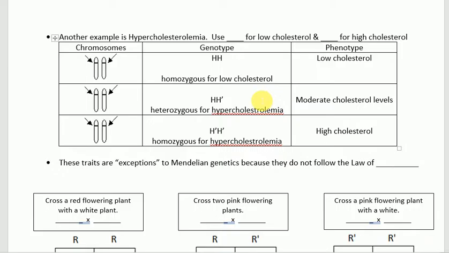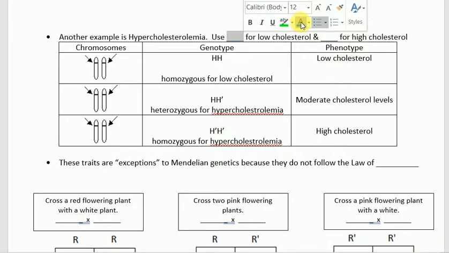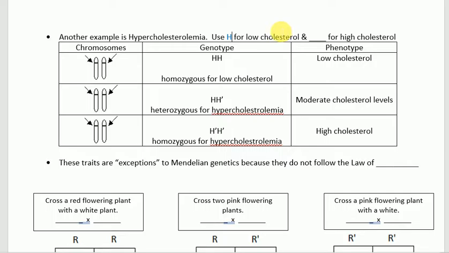Okay, another example is hypercholesterolemia. We are going to use the capital H for low cholesterol, and we are going to use the H prime for high cholesterol. So here we've got homozygous for low cholesterol, we've got big H, that's low cholesterol.